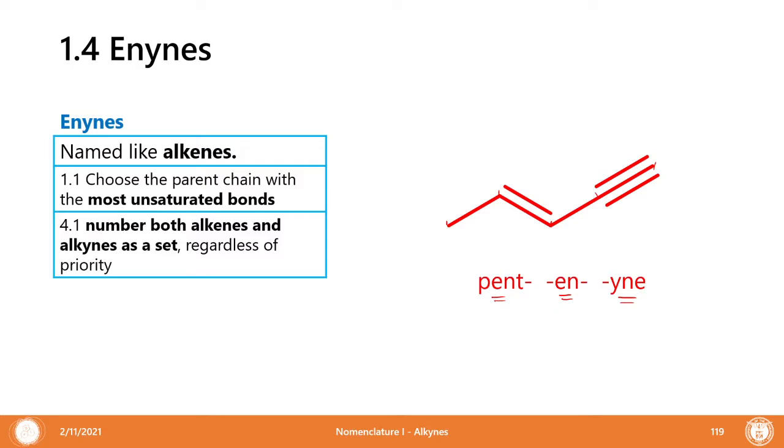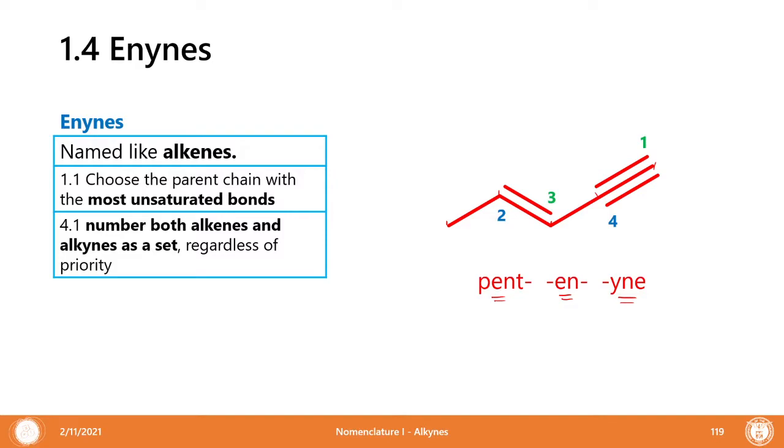Okay, next we number both the alkenes and alkynes as a set, regardless of priority. So it doesn't matter whether the unsaturation is an alkene or an alkyne. We will treat it as both unsaturation points. So here are 2 directions, and we will choose between the green direction, which gives us 1 and 3, versus 2 and 4.